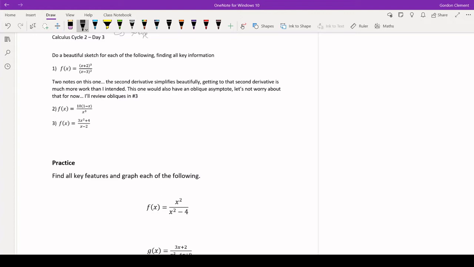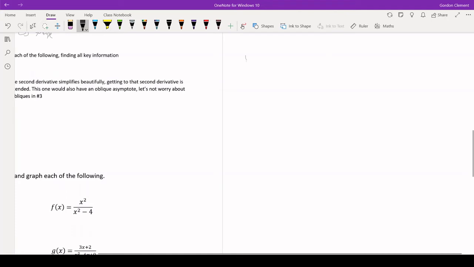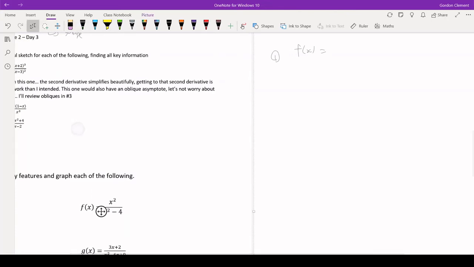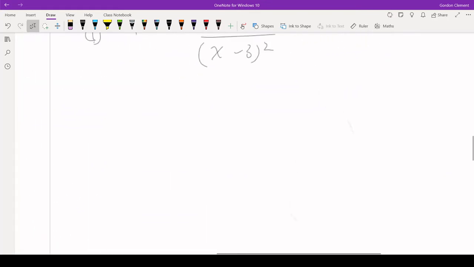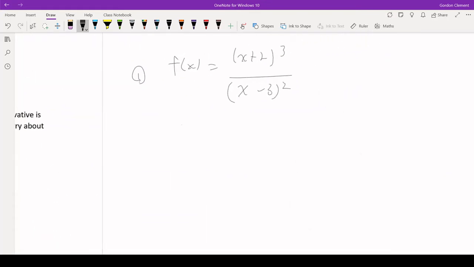So just copy it over here so that I have x minus 3 squared. All right, so x-intercepts come from when y is 0, which means the top is 0, so we get -2.